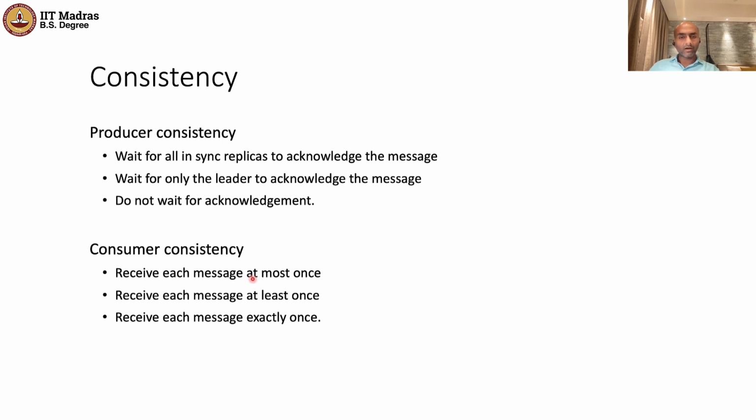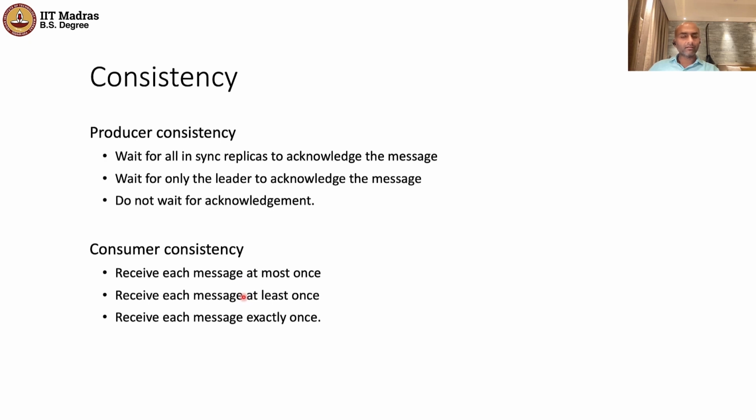The first is, are you receiving every message at most once? Which means you might not receive a message sometimes, but you're guaranteed that you're not going to get the same message twice. That could be useful for certain kinds of data, like payments. But again, what does it mean to not receive a payment every now and then? You have to work that out in your context.